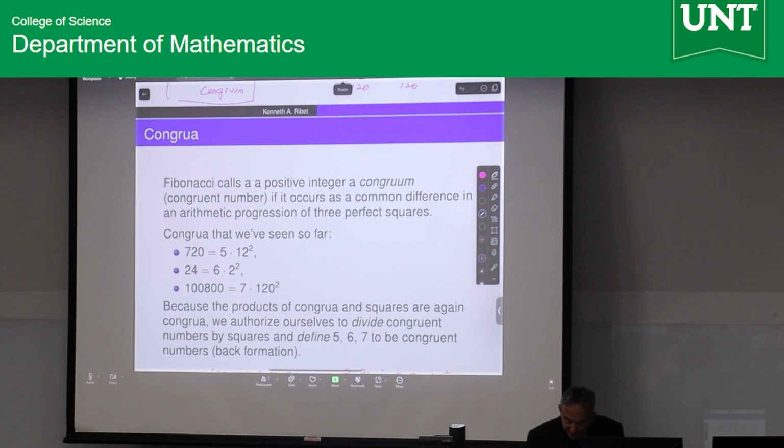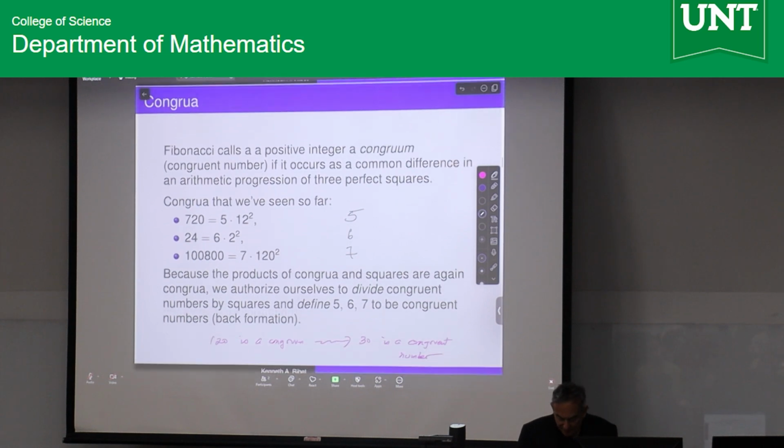And the square-free factors in these three examples are 5, 6, and 7. And you might remember the one with 13 squared and 17 squared, where the congruum was 120. You can strip out a 4 and you'd be left with 30 as the square-free factor.